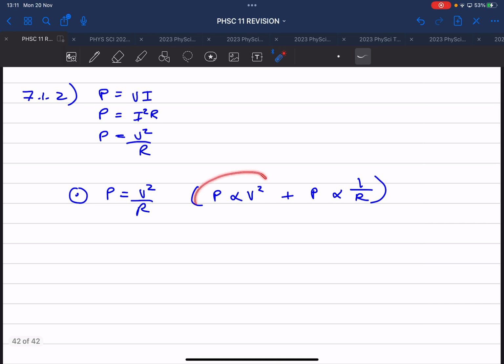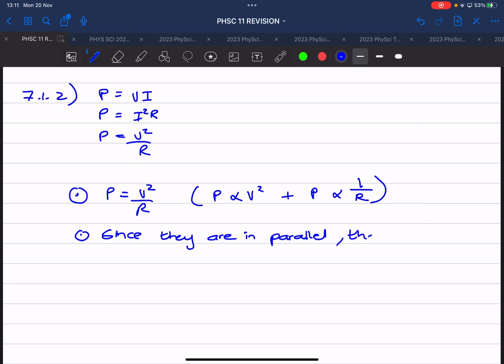Okay, kom ons kyk gaan na hierdie een. We already said that since they are in parallel, the volts will be equal or the same. So omdat hulle in parallel is hulle volts presies dieselfde. So you are basically eliminating one thing.